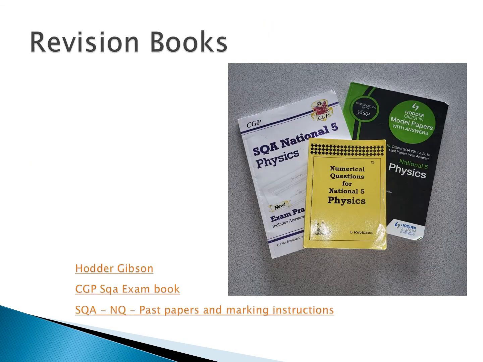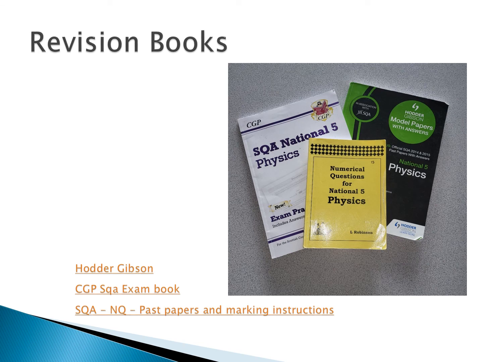We have revision books that we recommend almost on a regular basis. Pupils will be very aware of the ChemCord numerical questions for National 5 book, which is pictured in yellow in the centre. But we also have Hodder Gibson books, which are full of model past papers and previous SQA past papers, and they have full answers at the back of the National 5 physics books as well.